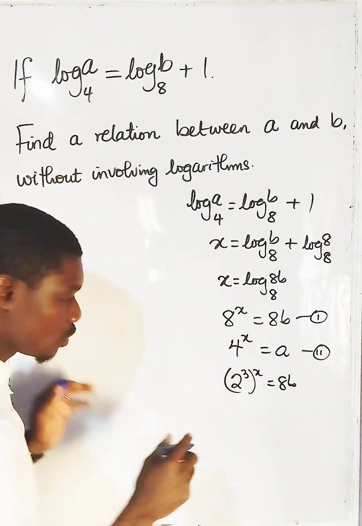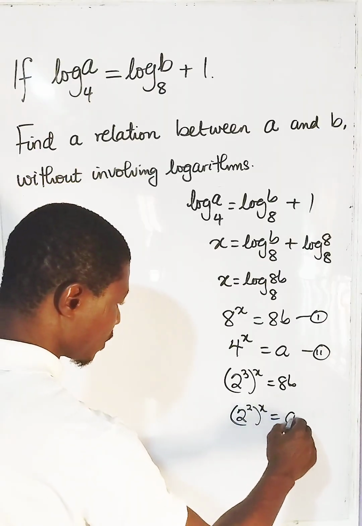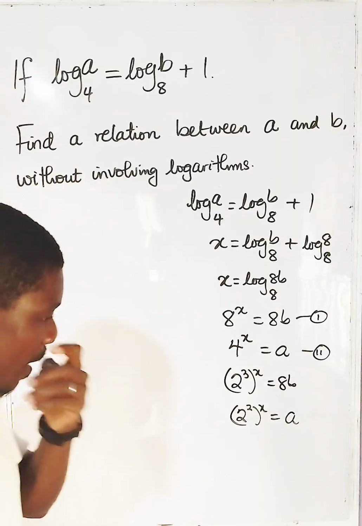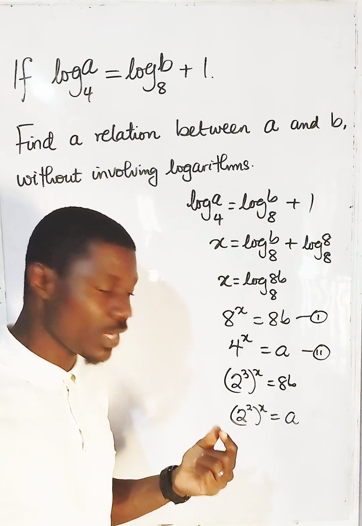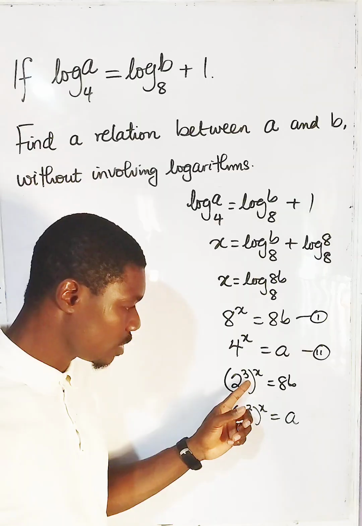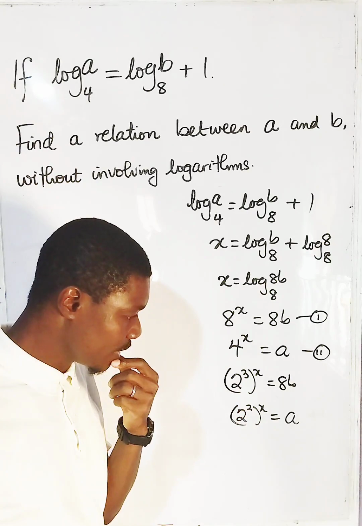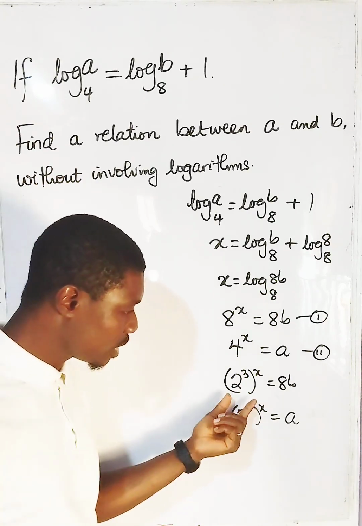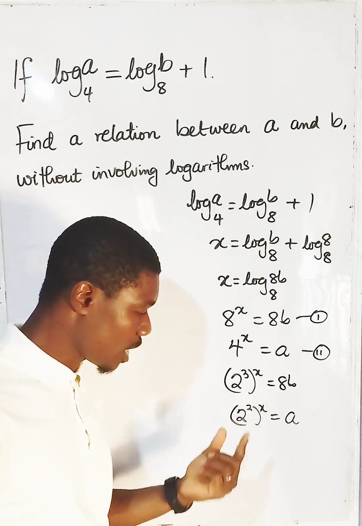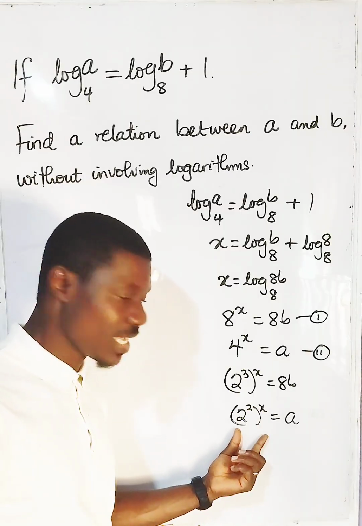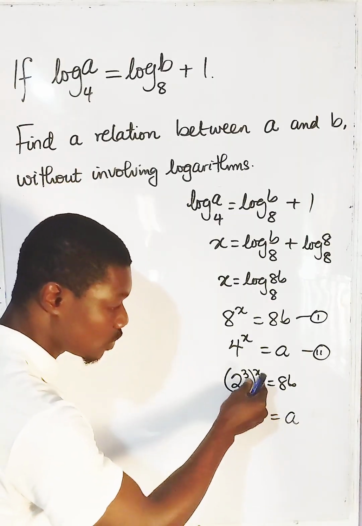Then for equation 2, we have 2 raised to 2, all raised to x, equals A. Now I can get a common exponent for both equations. I want to raise this one by 2 and this one by 3, so that I could get a common exponent for the two of them.